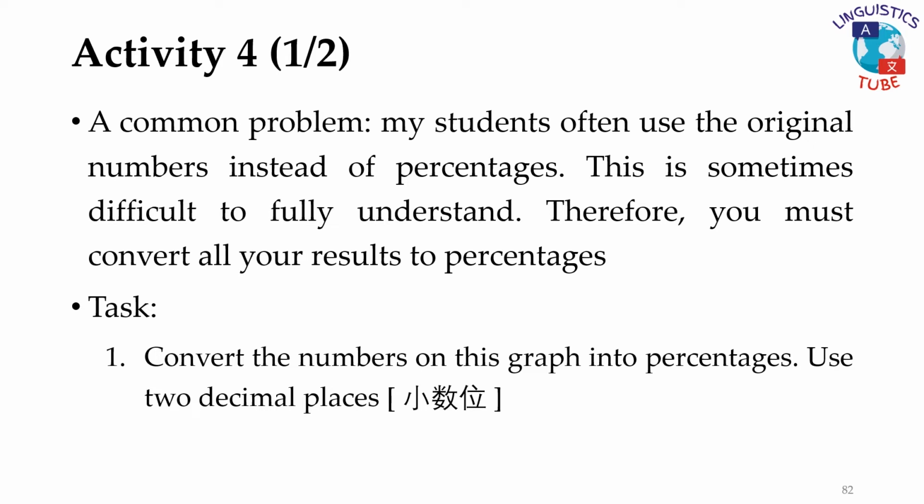To ensure you know how to do this, here is a quick activity for you. On the next page is a graph that contains the original numbers. Please pause the video and convert the numbers on the graph into percentages. Use 2 decimal places.